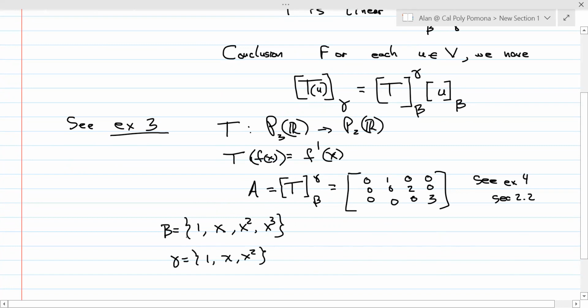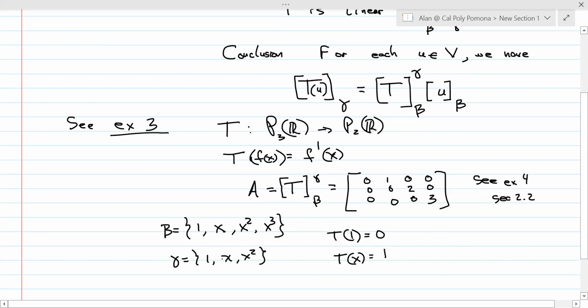So if you actually wanted to see what T of 1 is, it's 0, because the derivative of 1 is 0. And if you put that in terms of this basis, it would be 0, 0, 0, which is the first column. Similarly, T of x, we just differentiate this, which would give you 1.